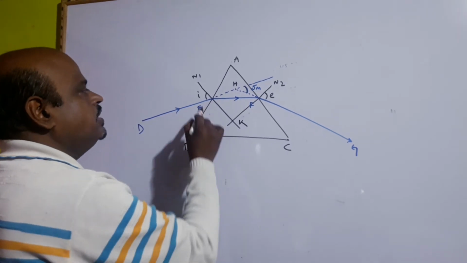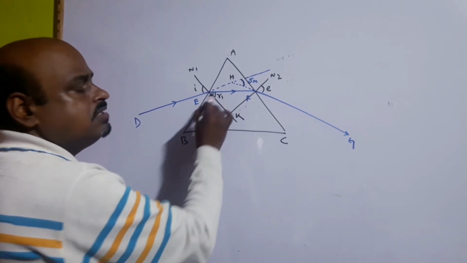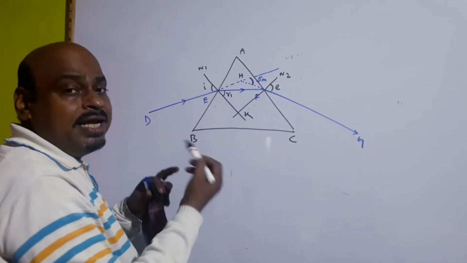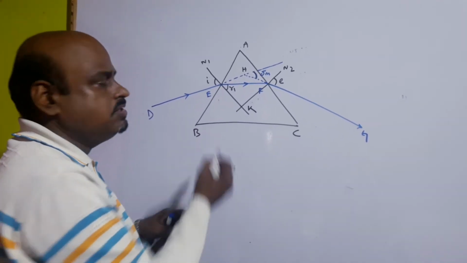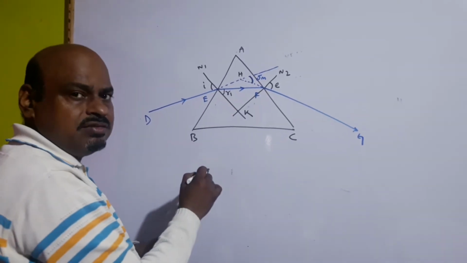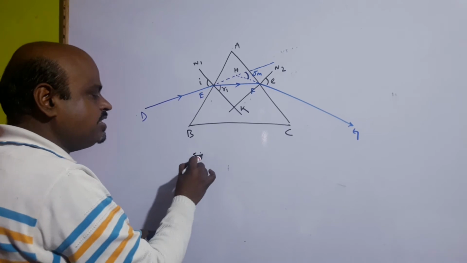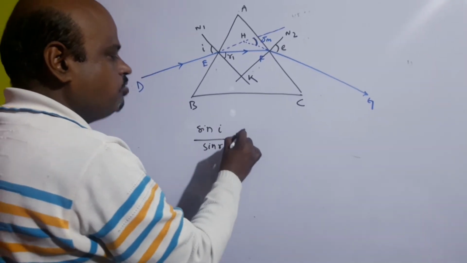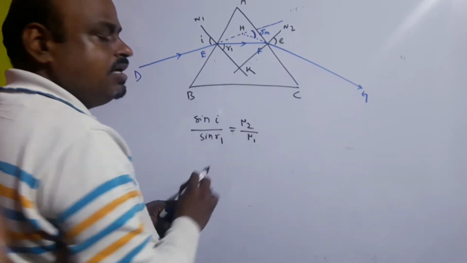So here, look at here. R1 is the angle of refraction. Okay, so apply Snell's law. In this case, here is the incident point. As per Snell's law, sin I by sin R1 equal to mu2 by mu1.